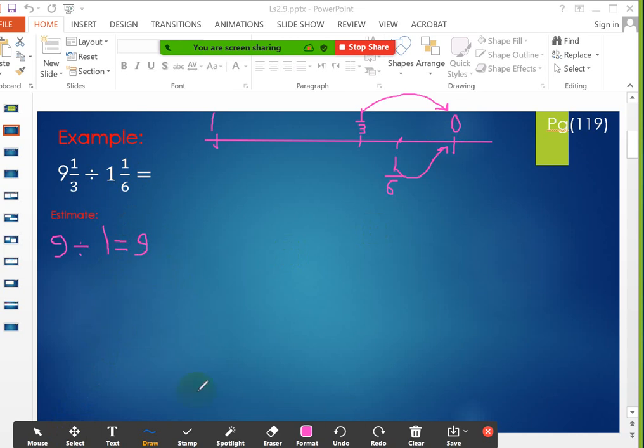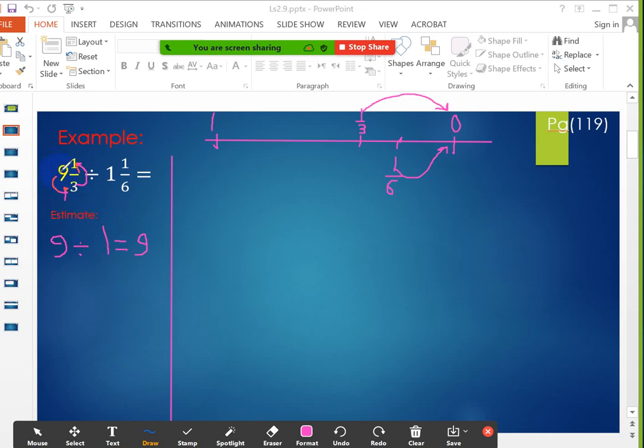Now you know that the most important thing is to find the exact answer. So to find the exact answer, you can write a mixed number as a fraction. How will I write it as a fraction? You remember the strategy: you have to multiply the whole number with the denominator and add the answer to the numerator.